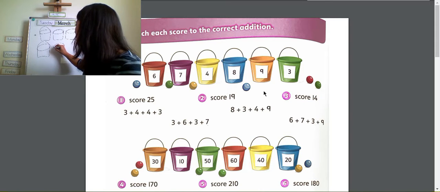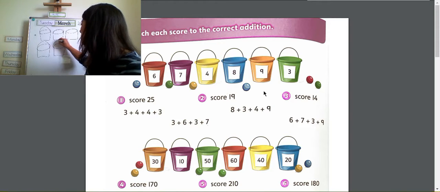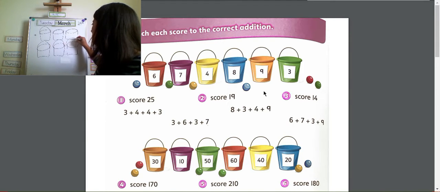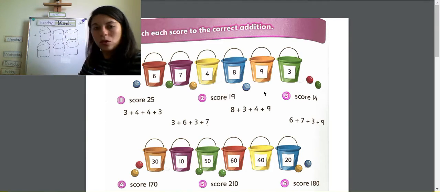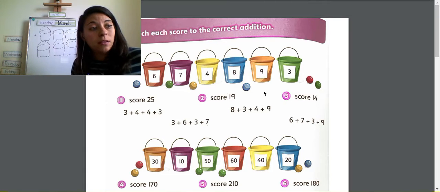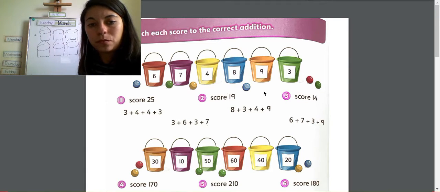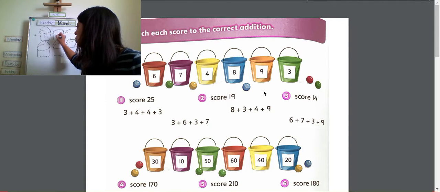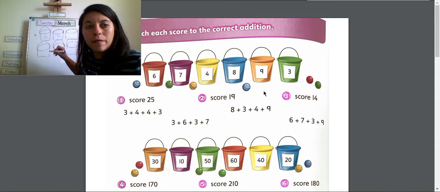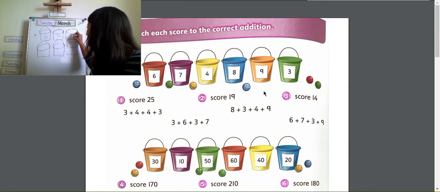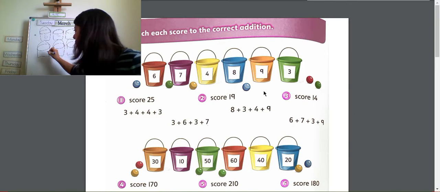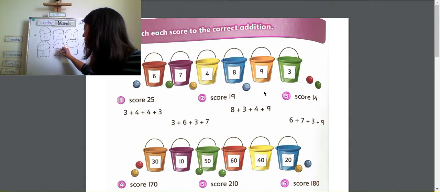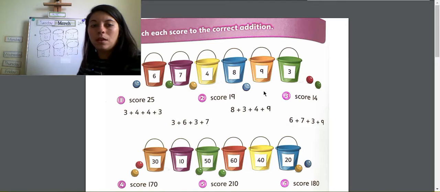You guys are the artists, not me. If you notice, each of those buckets has a number on it. For example, the red one has 6, then the purple one is 7, then you have 4, then you have 8, 9, and 3. Do you see that right there?